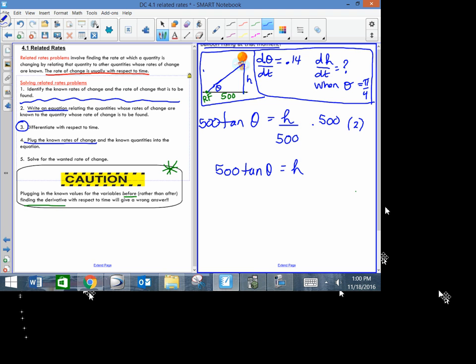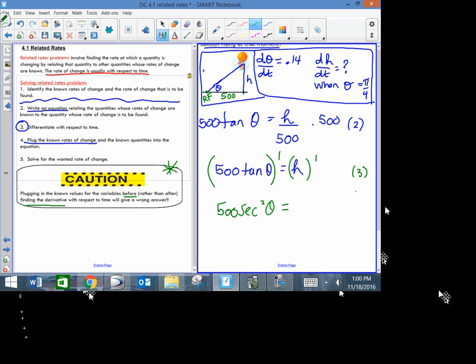So what's the derivative of tangent theta? Secant squared theta, and then we just multiply it by 500. Remember, that's the constant multiple rule.